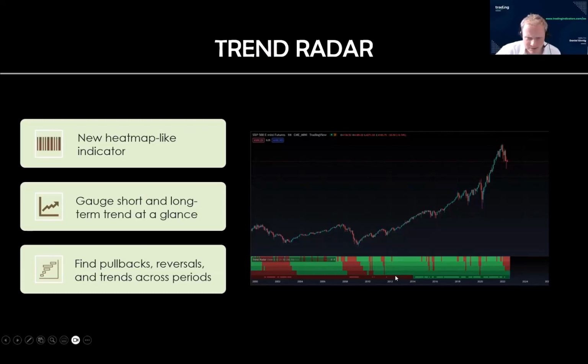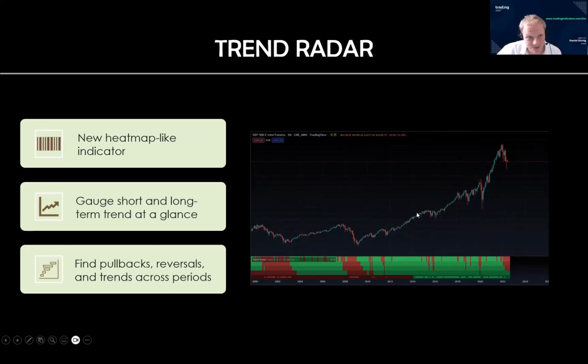For example, you may see right away that, wow, this symbol is in a long-term uptrend when everything is green, as you can see here at the bottom. That's our long-term indication. But every once in a while, we have at the short or medium-term level a bearish phase, and these are called pullbacks.